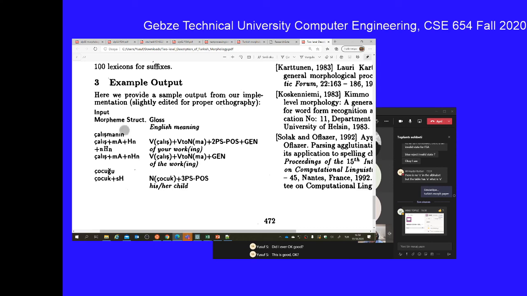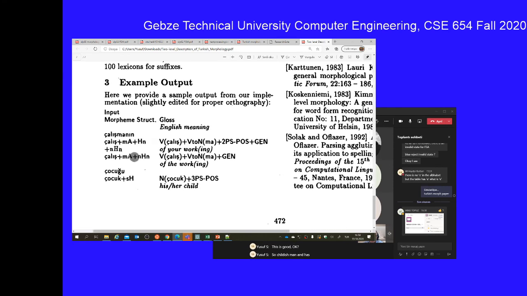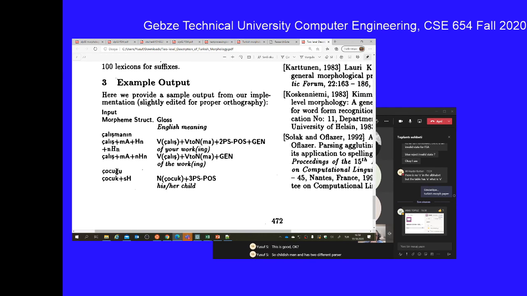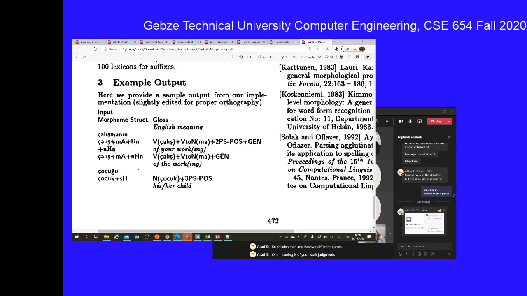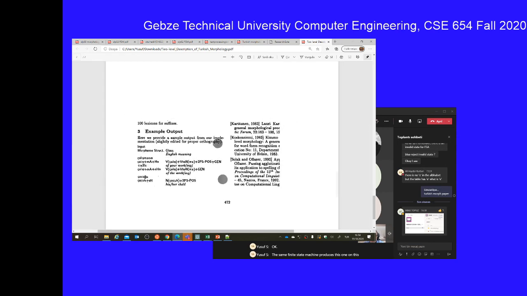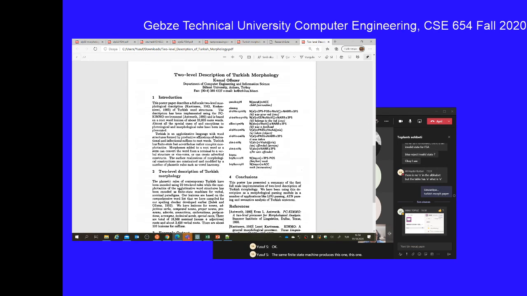So, çalışmanın has two different parses. One meaning is of your work, çalışmanın, senin çalışmanın. The other one is of the work, sabah yapılan çalışmanın. The same finite state machine produces this one and this one.